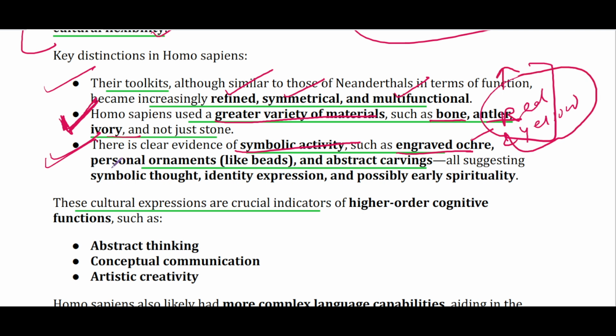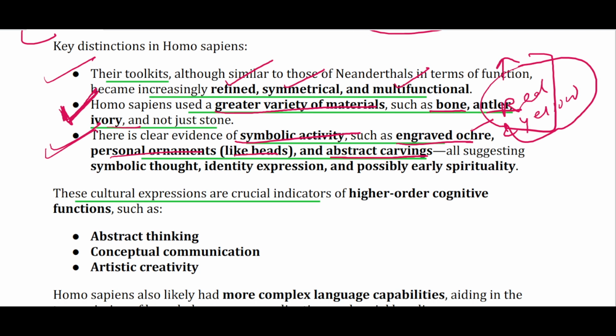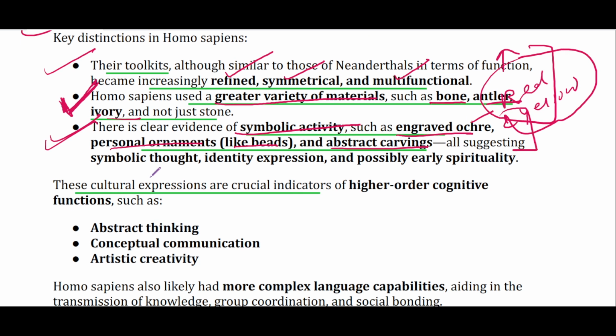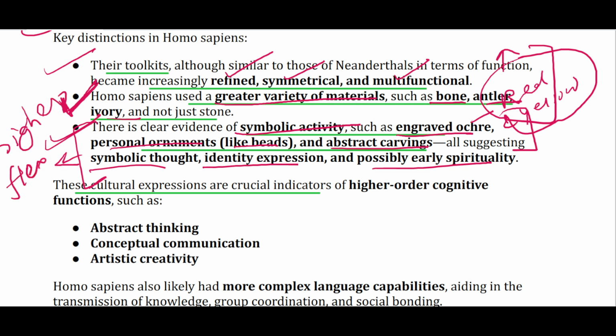Evidence has been found of personal ornaments like beads, and abstract carvings, all suggesting symbolic thought, identity expression, early spirituality, and at a broader level, higher cognitive advancement and flexibility in the Homo sapiens of Africa.